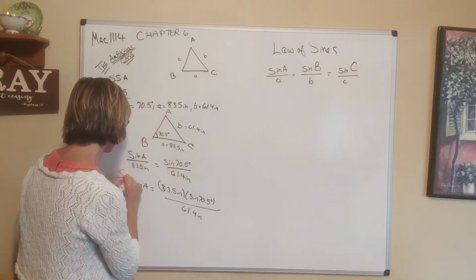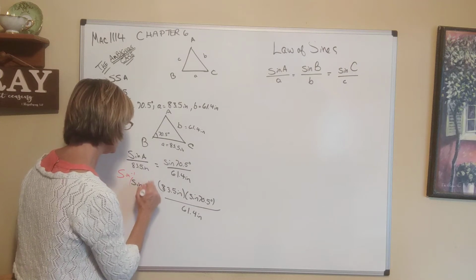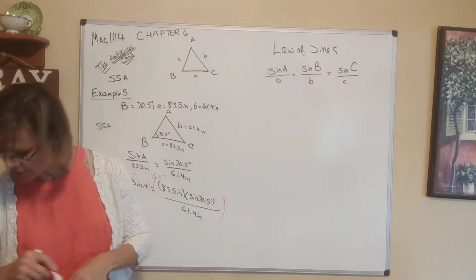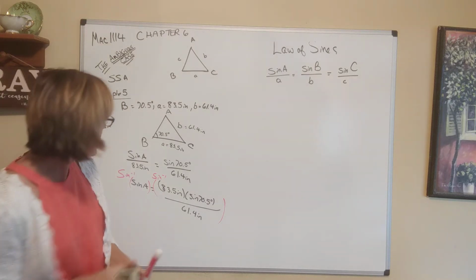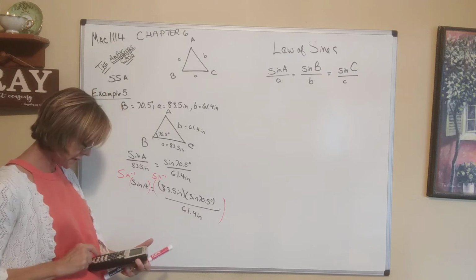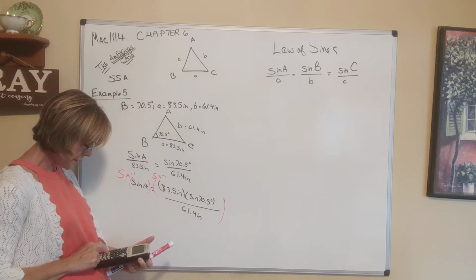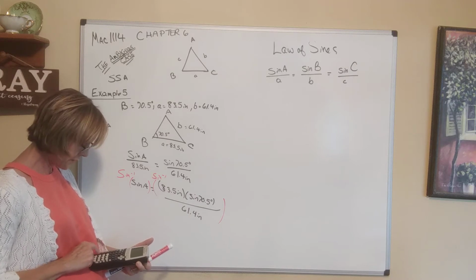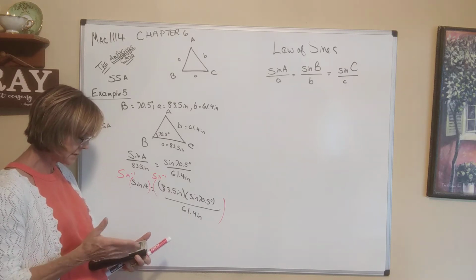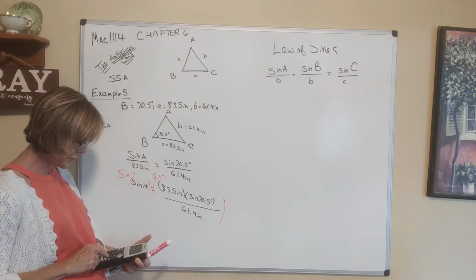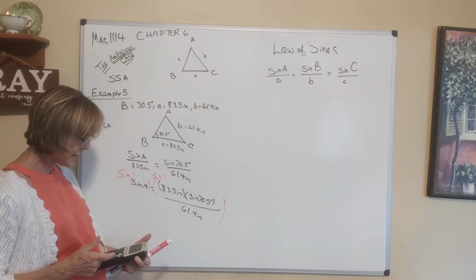In my calculator, I'll press second sine, which is the sine inverse, and I'll type 83.5 times the sine of 70.5, that's my numerator, divided by 61.4.